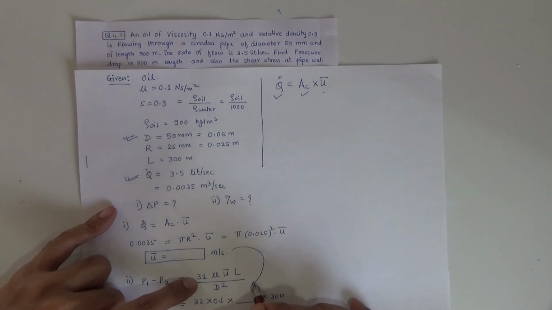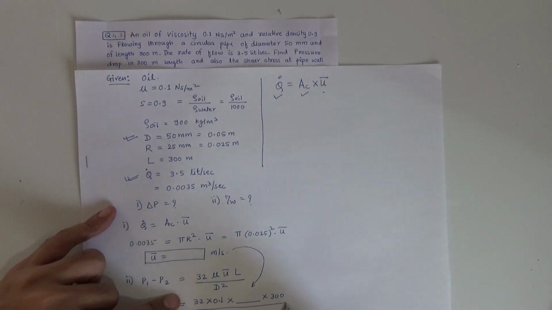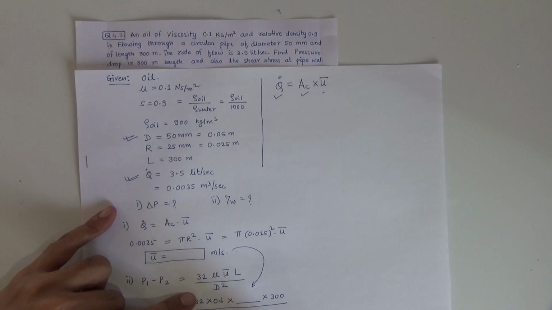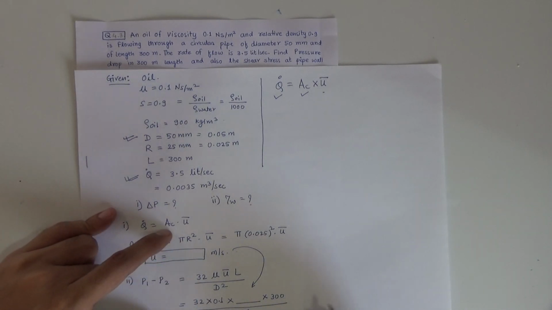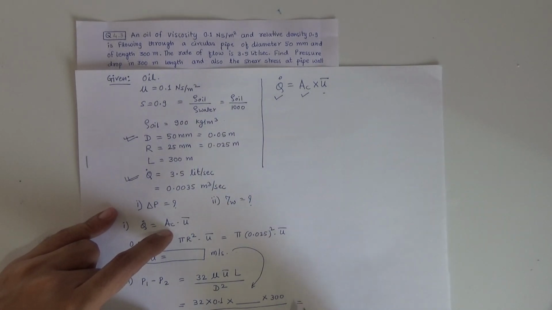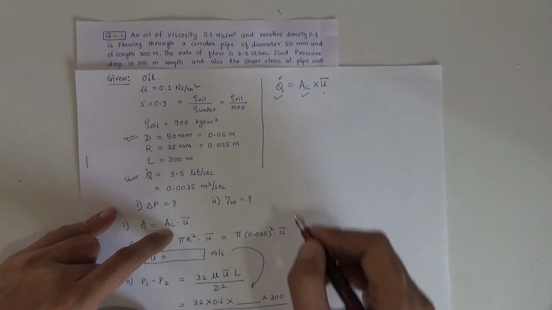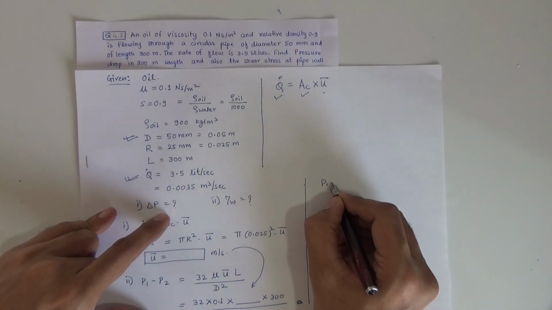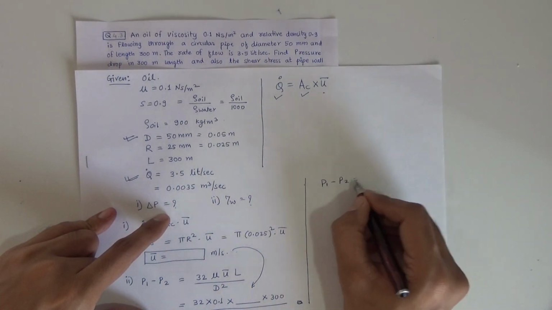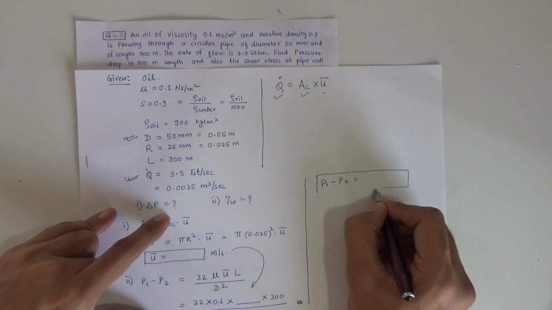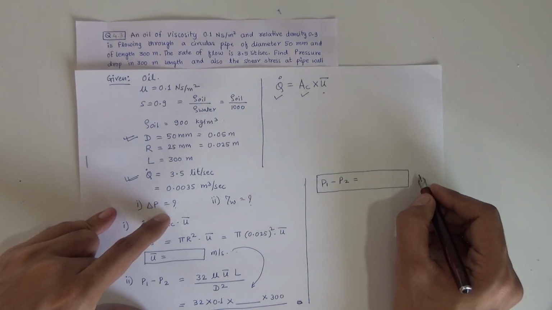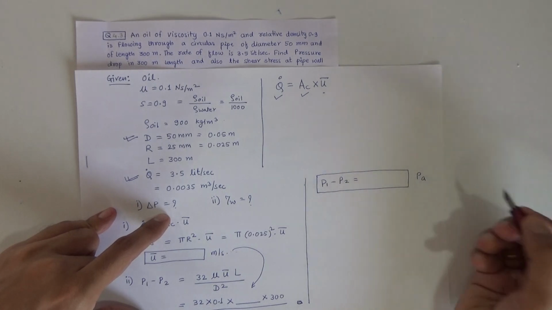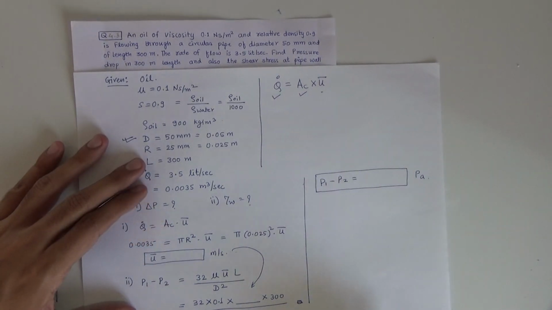Put this u bar here and divide by d square, which is 0.05 squared. Put in all these values and you will get the pressure drop: P1 minus P2 equals whatever you calculate. The very important thing is the unit, which is Pascal. The pressure drop will be obtained in Pascal.